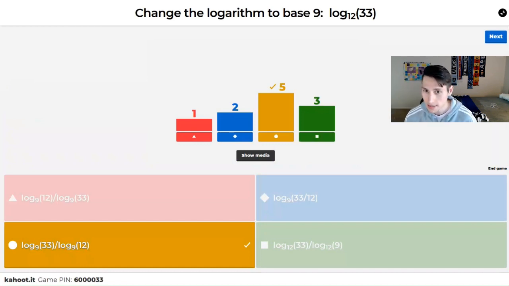The original base goes in the inside of the logarithm on bottom, and the new base is base 9 for both. Okay, seems to be working out okay. Hopefully you're getting a feel for the difference between the seconds between yours and mine. Hopefully it's not too bad.